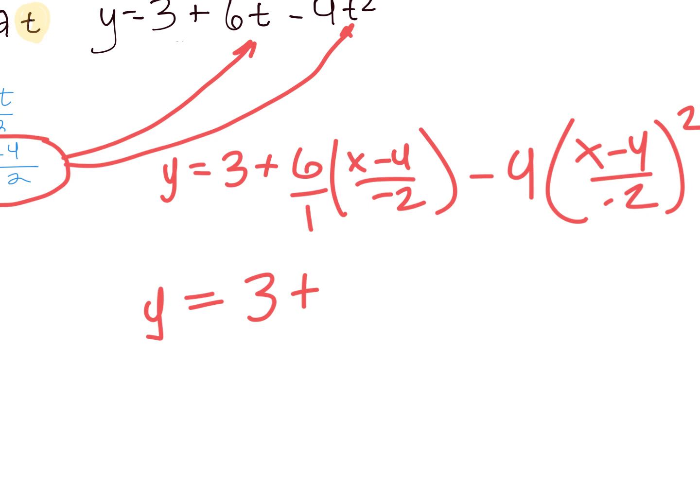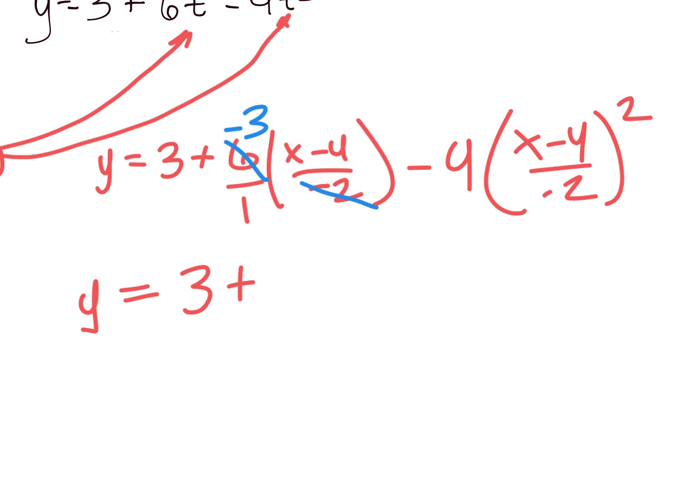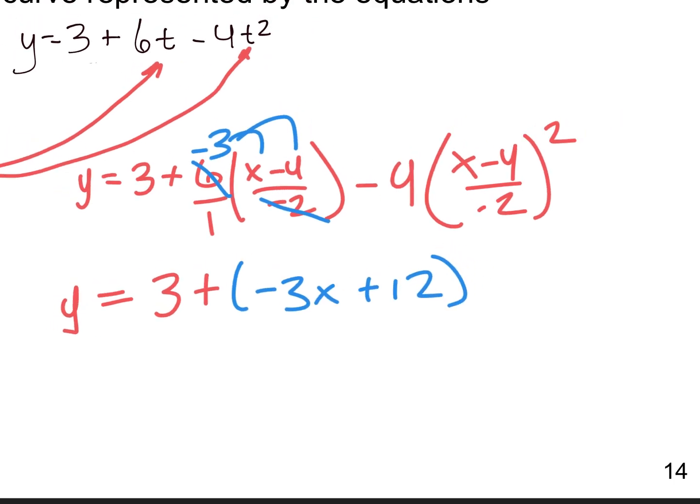Can I simplify the 6 and the negative 2? Yeah. How many times does negative 2 go into 6? Negative 3. Okay, so now what do I do with that negative 3? I distribute. Good. So I have plus negative 3x plus 12, right?